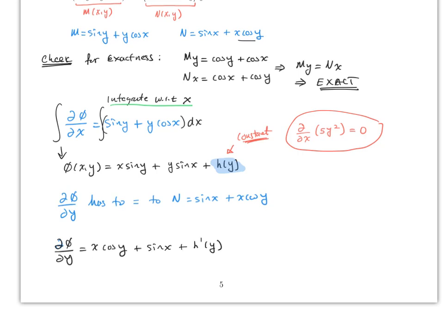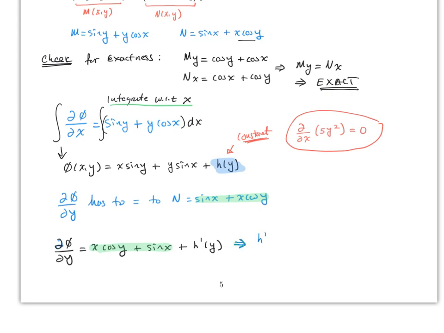Notice that this part is exactly equal to this part, and since you want both of them to be equal to each other, what this implies, you have no choice.